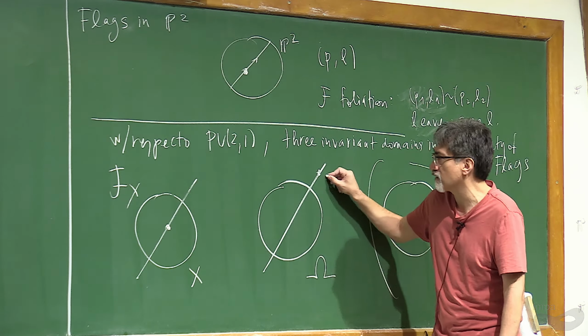So for it, I will do a foliated version of what I did before. So I would look at quadratic differentials on this manifold along the leaves. Okay, so these live here. These are quadratic differentials along the leaves of the foliation.